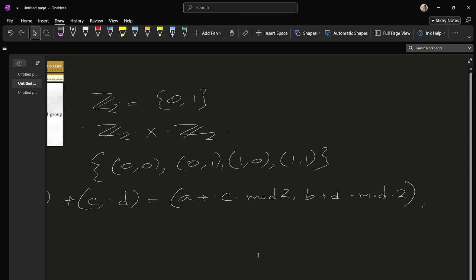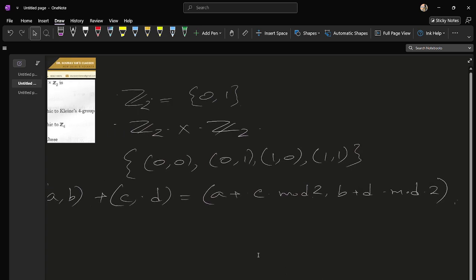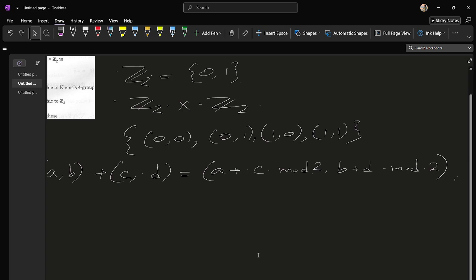So now we are going to check the cyclic property, because we know that 0 generates only itself, and (1,0) plus (1,0) will be (0,0). So it has order 2. The elements have order 1, order 2, order 2, and also this has order 2.